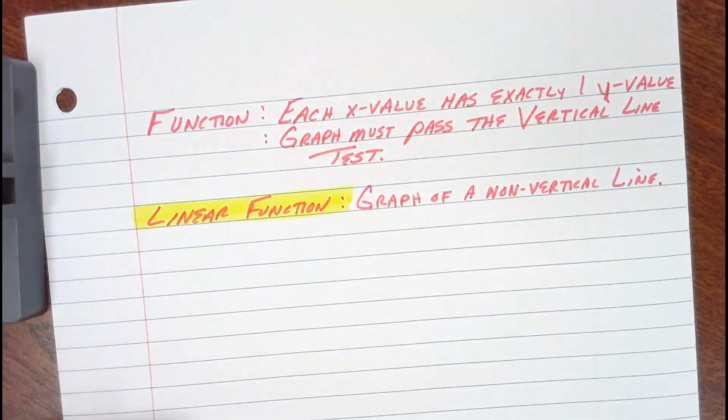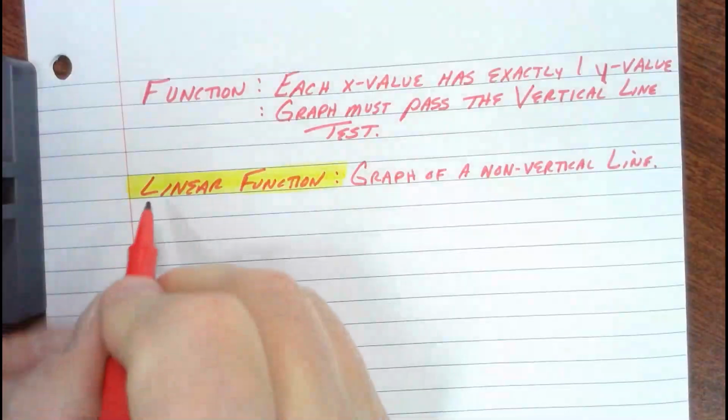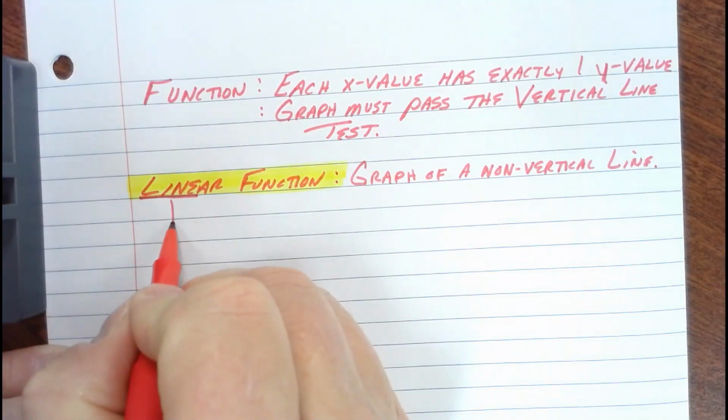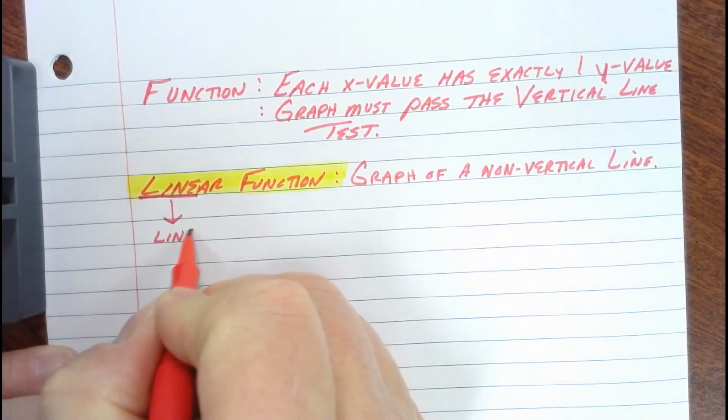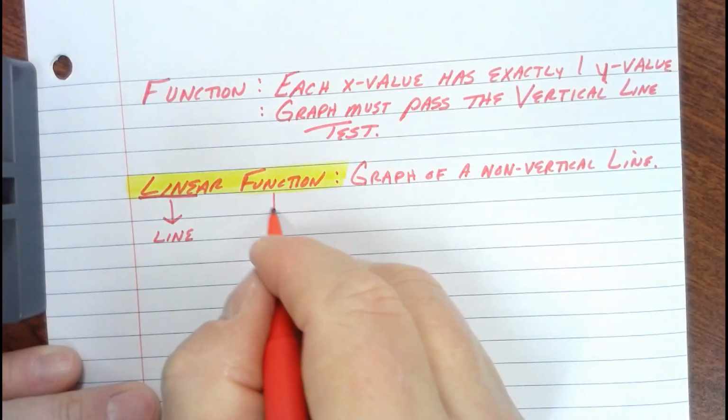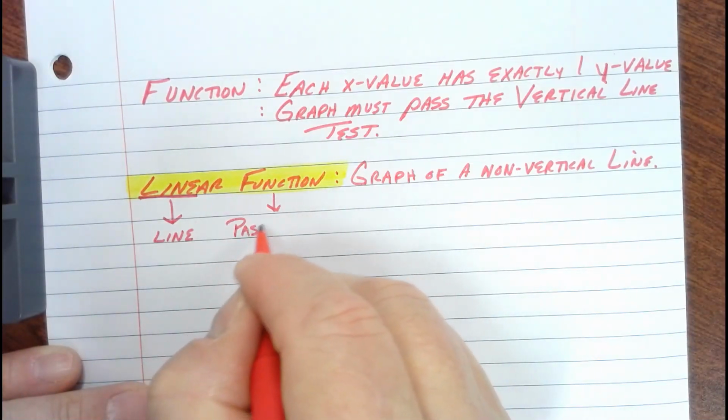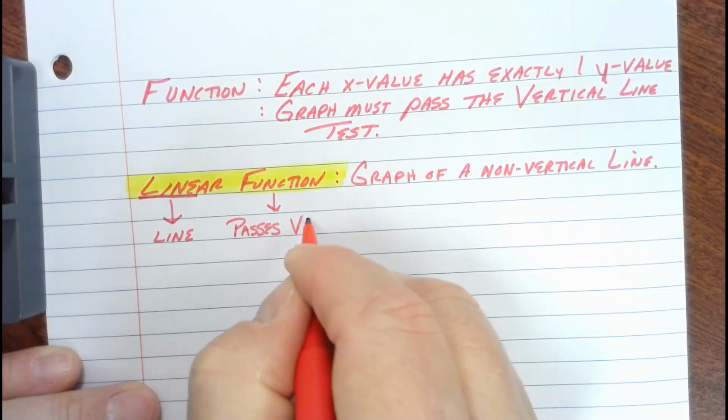Why non-vertical? First of all, let's talk about linear. Linear says line. Function says passes the vertical line test.